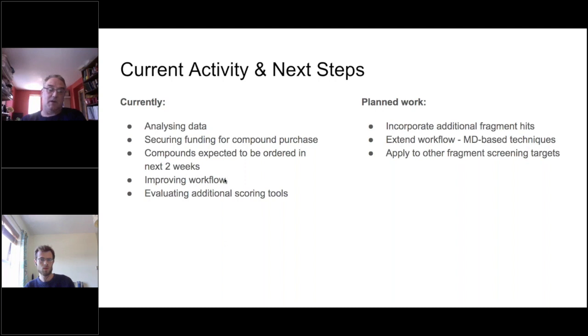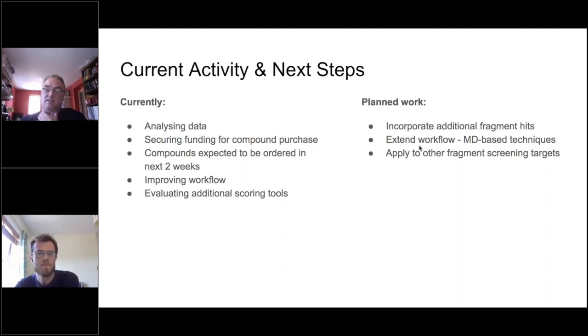At the same time, as mentioned before, we're improving the workflow, trying to make it more rigorous, more efficient, and lots of other improvements. And we're evaluating additional scoring tools that will help us to analyze and filter the data. More in the future, there are more fragment structures coming off the Diamond beamline, so we'll be incorporating those.